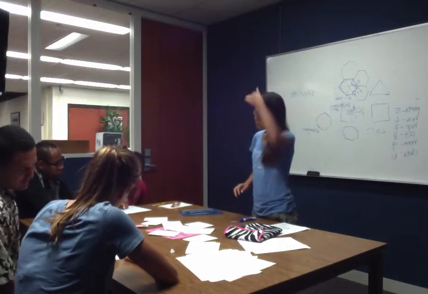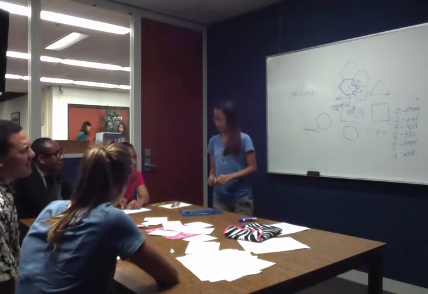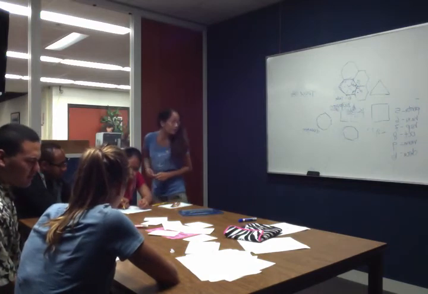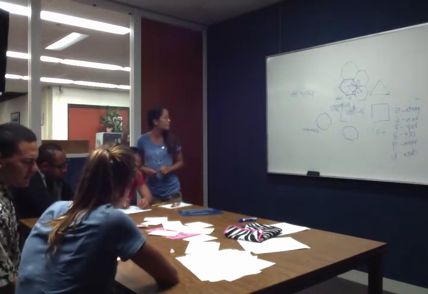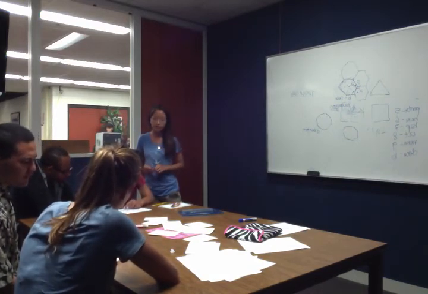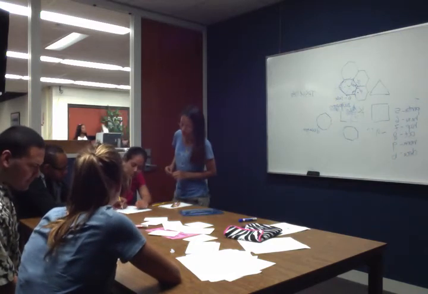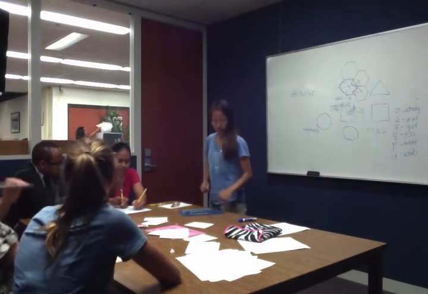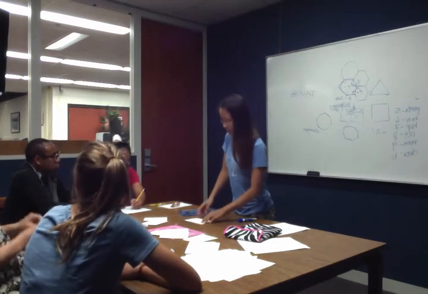Nonagon, and then decagon. Seven, heptagon. Number of sides: 3, 4, 5, 6, 7, 8. Now you can take these and start forming patterns.